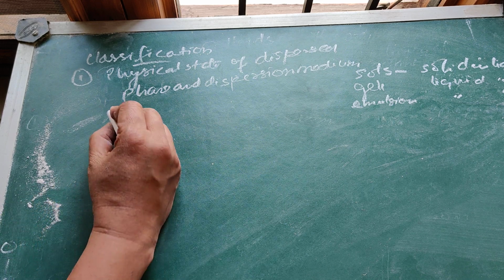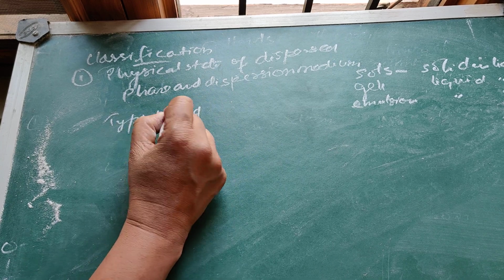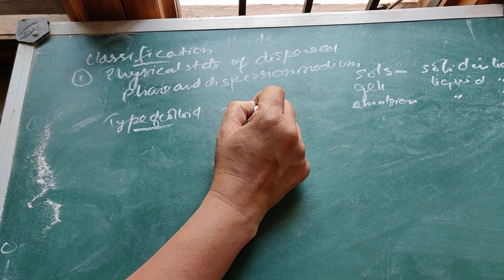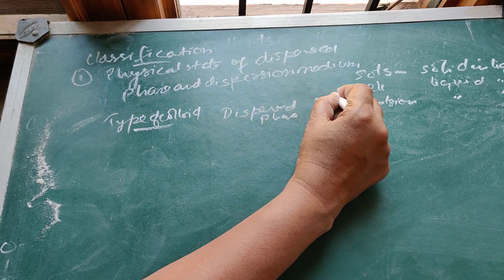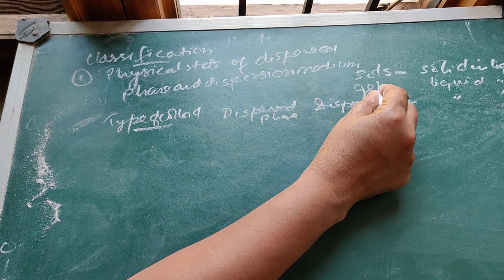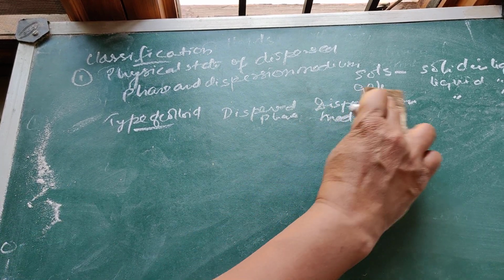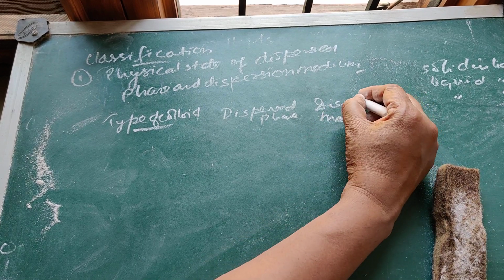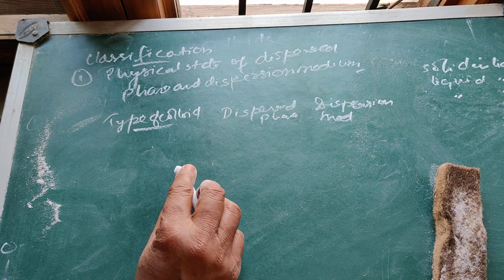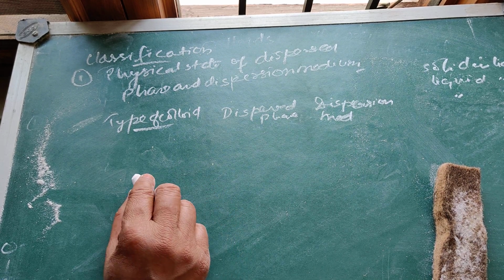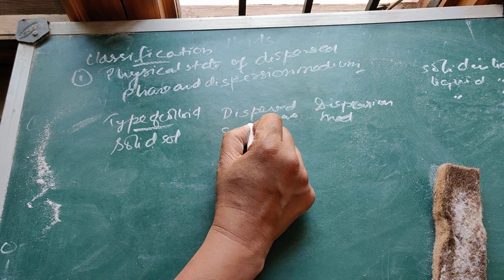So type of colloid, dispersed phase and dispersion medium. The type of colloid will become solid sol if both are solid.